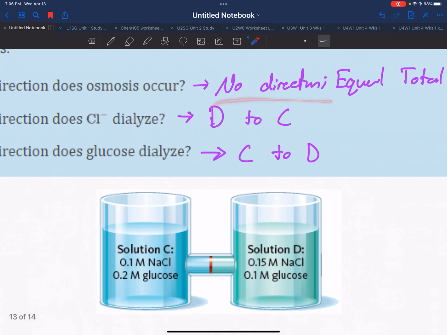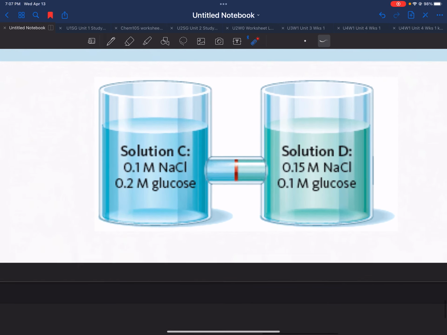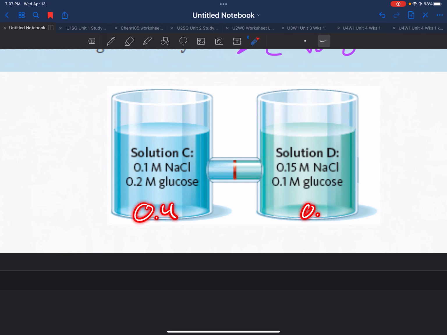So, which direction does osmosis occur? No direction, because they have equal total molarity. But if it was different, and instead of being 0.4 and 0.4, if it was like 0.5 and 0.4, osmosis would occur from solution D to solution C. Because osmosis goes towards the place of higher concentration.